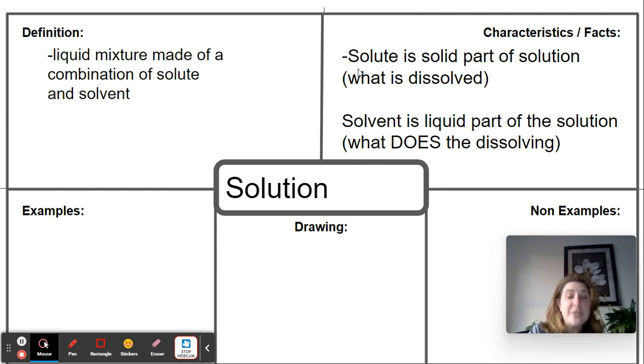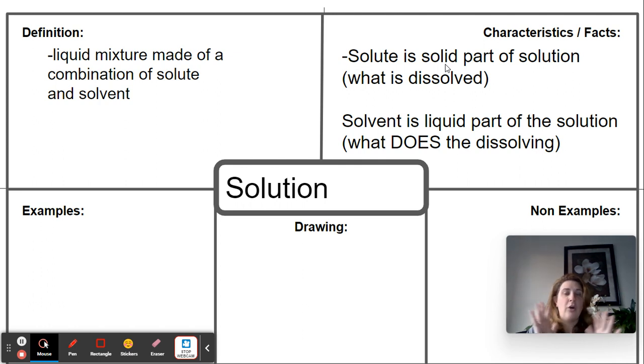A solute is the solid part of the solution. The solute is whatever gets dissolved. So salt, sugar. These are going to be our two most common solutes. The solvent is the liquid part of the solution. What does the dissolving?